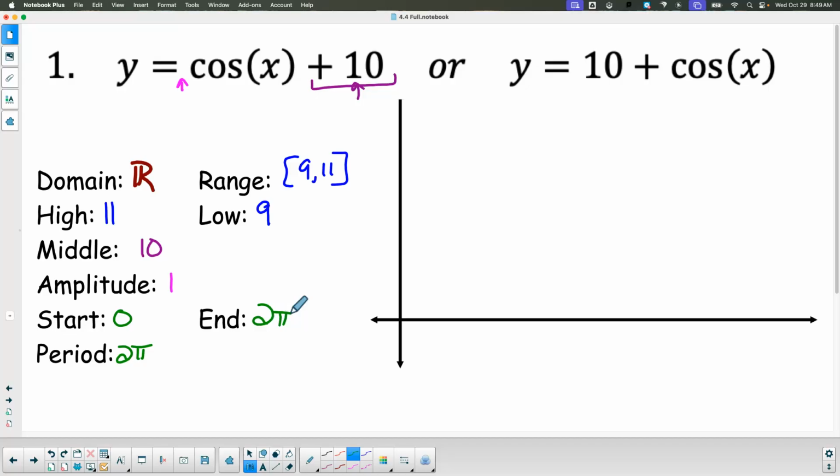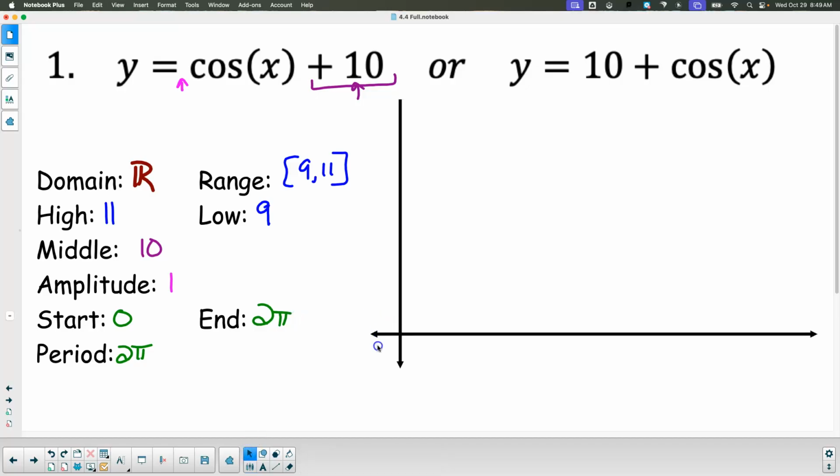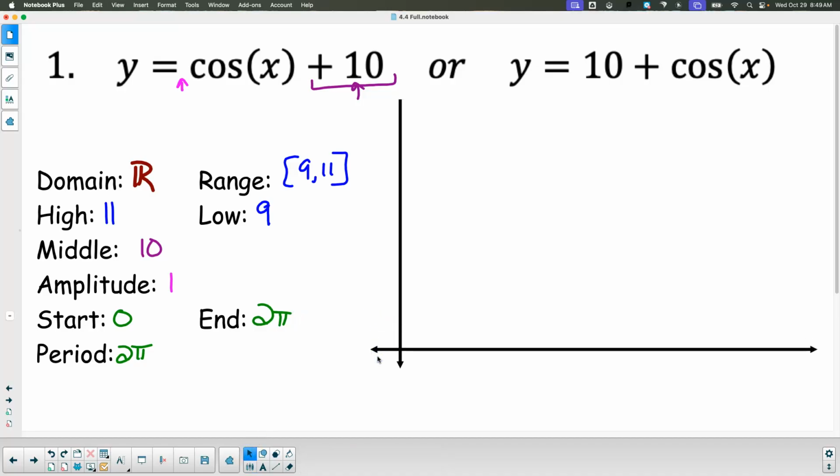Okay? Now, on your graph, notice how we put the horizontal axis way down here at the bottom. Because my cosine curve is now going to be up here.